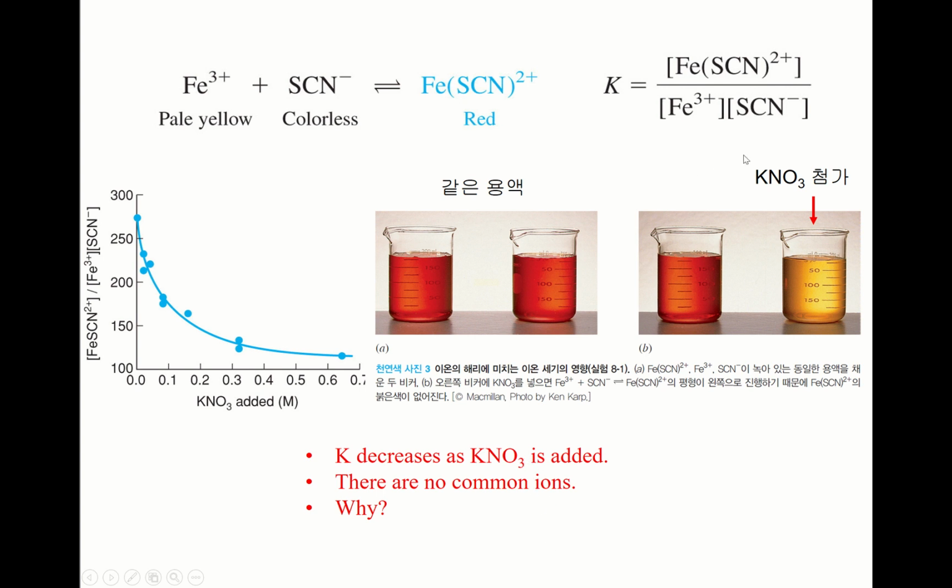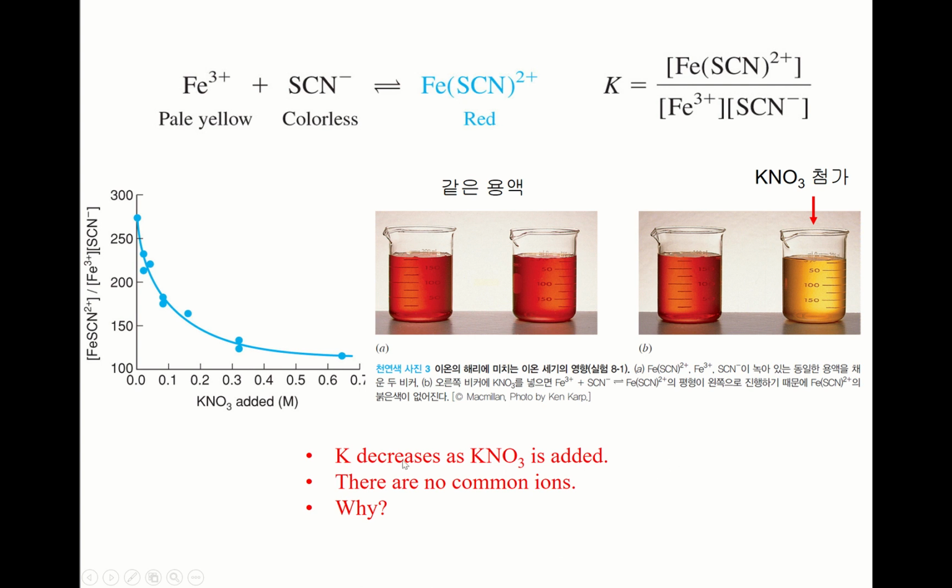If you add thiocyanate ion, then from the common ion effect the equilibrium shifts toward the right side, to decrease this common ion. But in this case, there are no common ions, so the common ion effect doesn't apply.